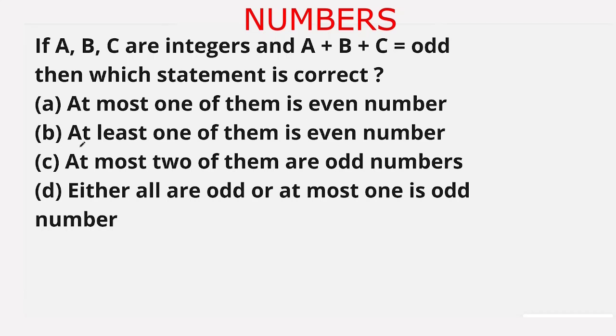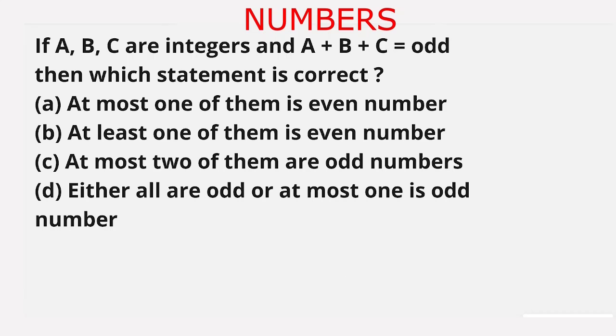Statement B, at least one of them is an even number. Statement C, at most two of them are odd numbers. Statement D, either all are odd or at most one is odd number. Read the options carefully, then understand the question.